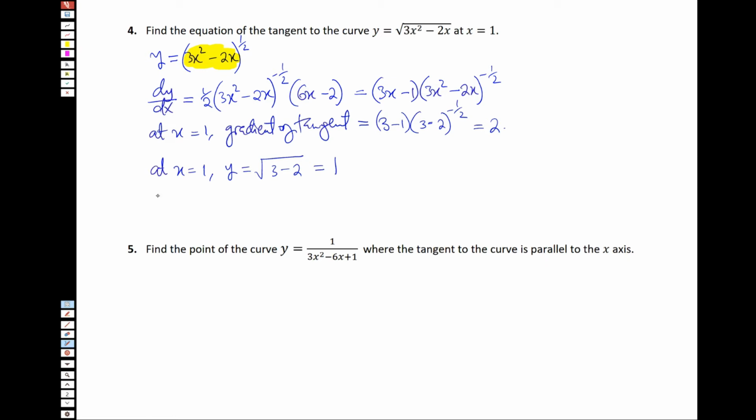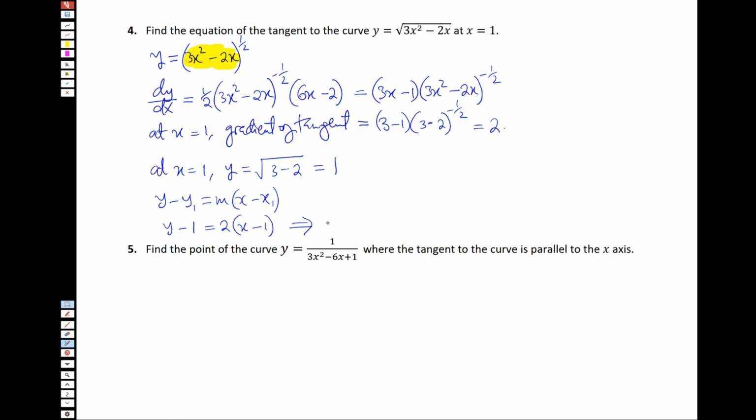And then here we apply the point slope formula. So y − y1 will be equal to m into (x − x1). Now y1 is the y coordinate at the point of tangency, which is 1, and the x coordinate is given as 1. So we substitute them. So y − 1 will be equal to, the gradient is 2, into (x − 1).